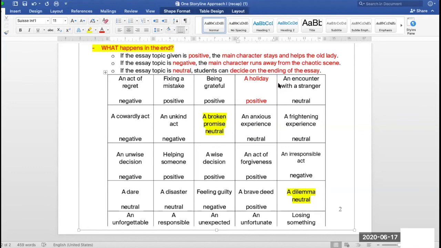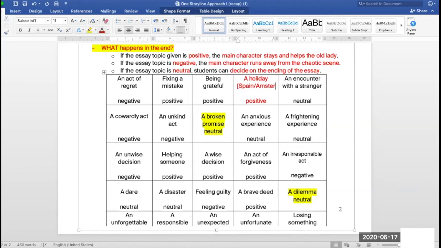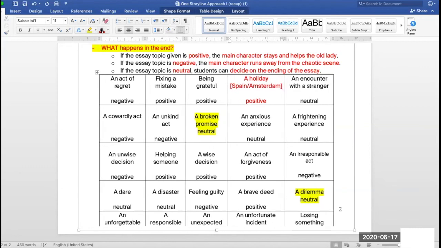The location that you choose, I would choose either Spain or Amsterdam because they always ride bicycles in those two countries, and it's a better way for you to sightsee. So it makes sense if you write about a holiday based on these two countries. Clear? So you rented a bicycle and then the rest of the storyline carries on.